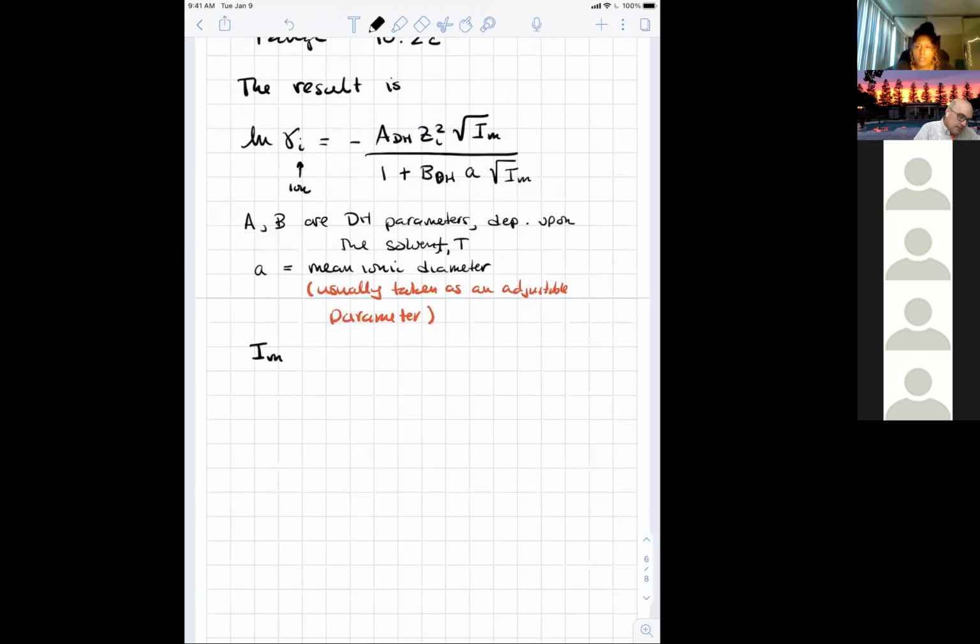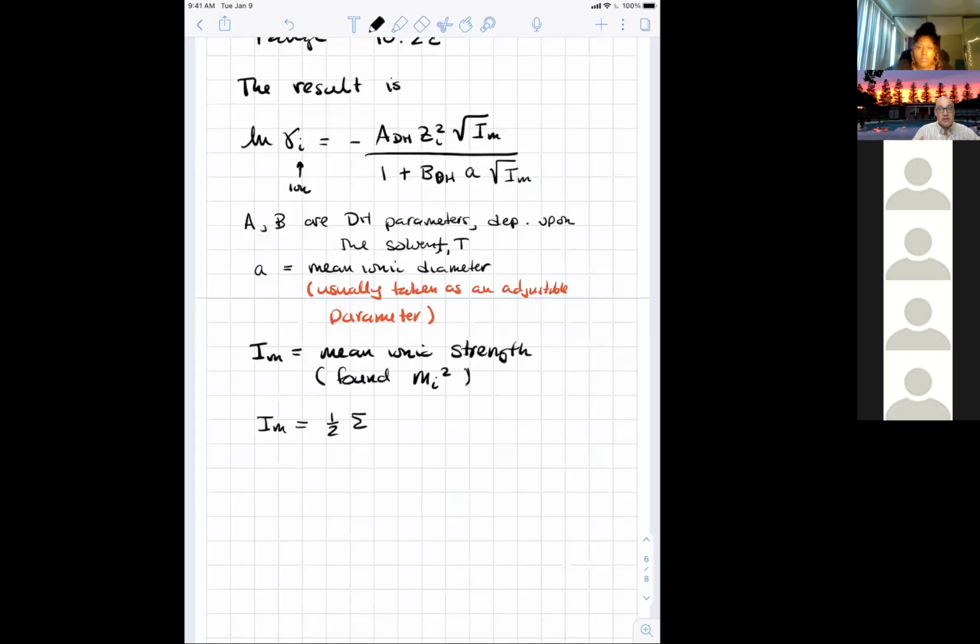And what is IM? IM is called the mean ionic strength. Let me just remind you that we found a dependence on the square of the molality before, in our simple treatment. What the ionic strength does is break that down: the square effect comes from the charge, not necessarily strictly the molality, right?